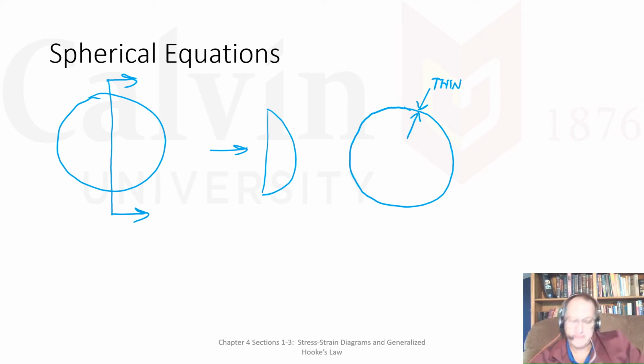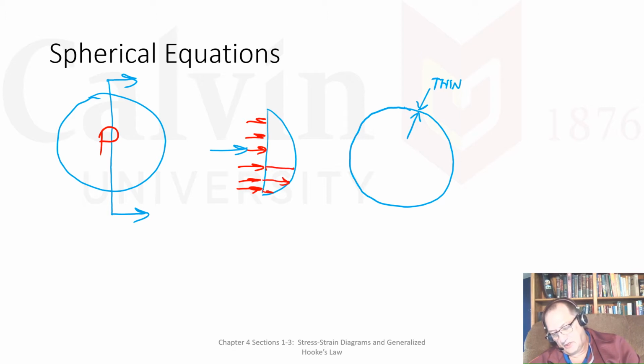Now, if I split that, I'm going to have forces working on this thing. So if I had a pressure P acting on the inside, then I'm going to have pressure acting all on that face that got cut. And then I'm going to have a resisting force to hold this thing together.